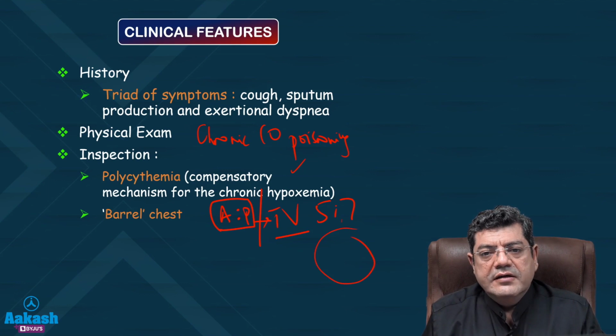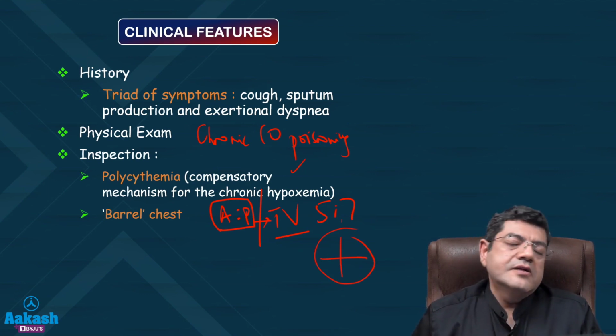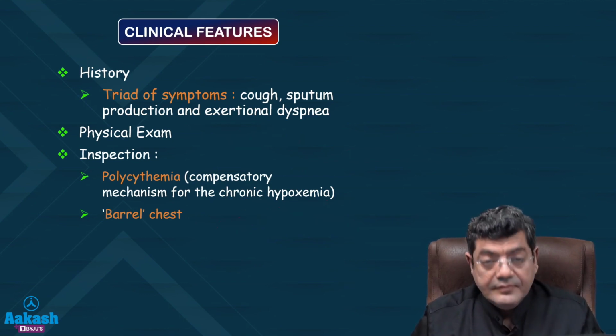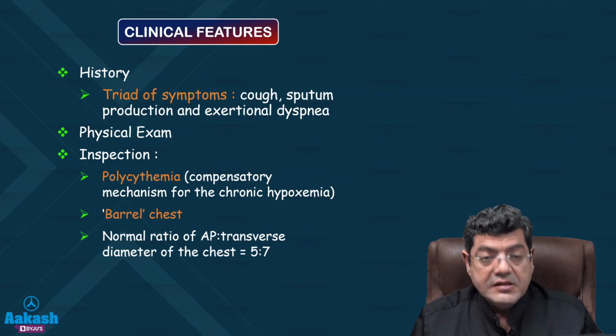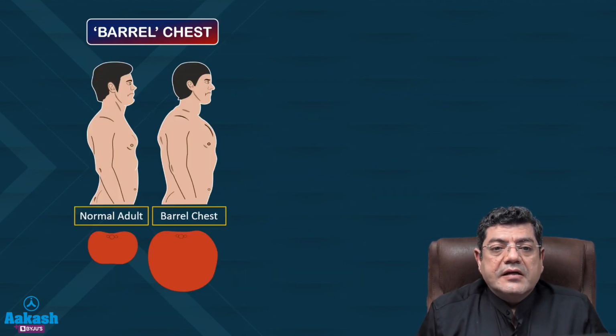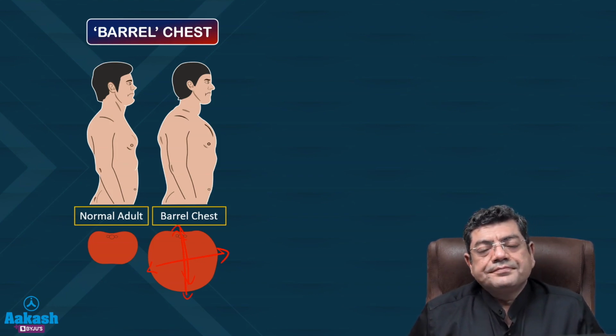A barrel is like this, right? There is no difference between its various diameters. So that's what happens in COPD, their anteroposterior diameter starts to increase. Okay, that's a barrel chest, and you will notice that the anteroposterior and transverse diameters have started to become similar to each other. Okay, why is this happening?